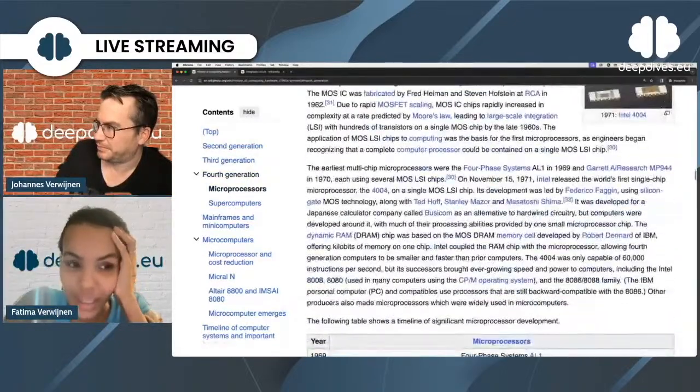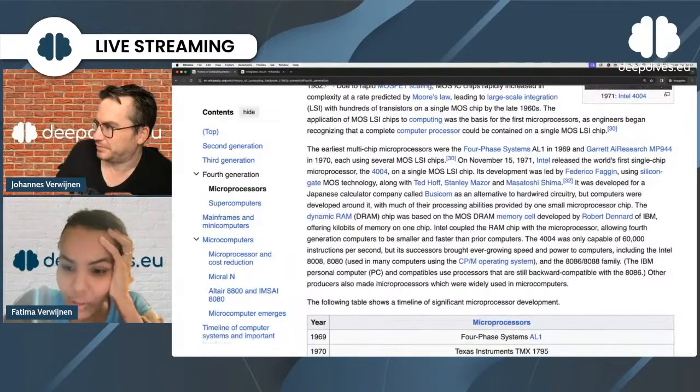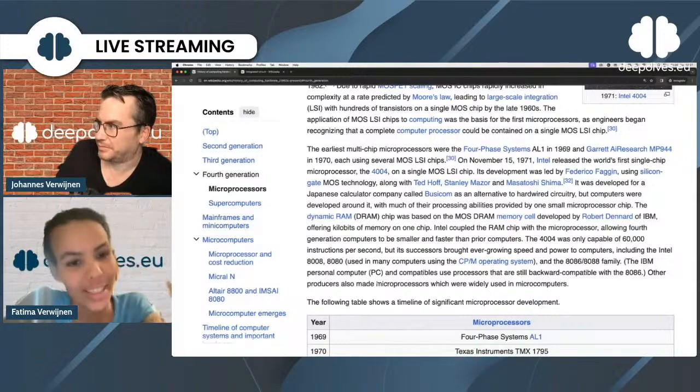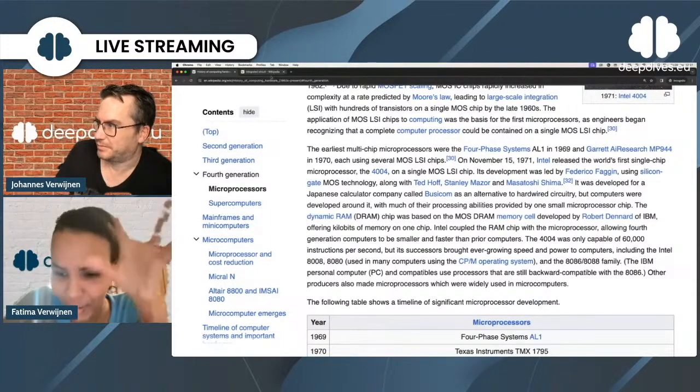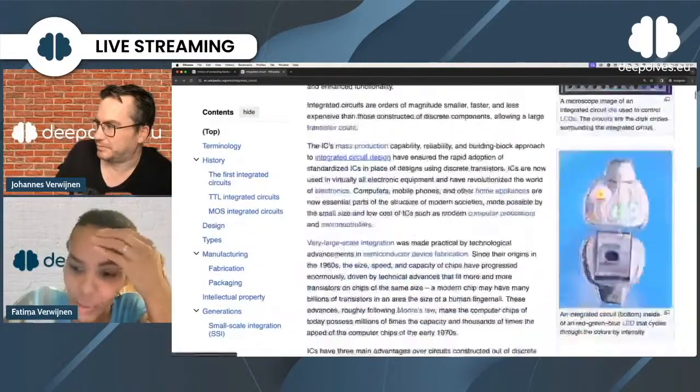By the early 70s, the state of the art in computer technology allowed 1,000 components per chip.